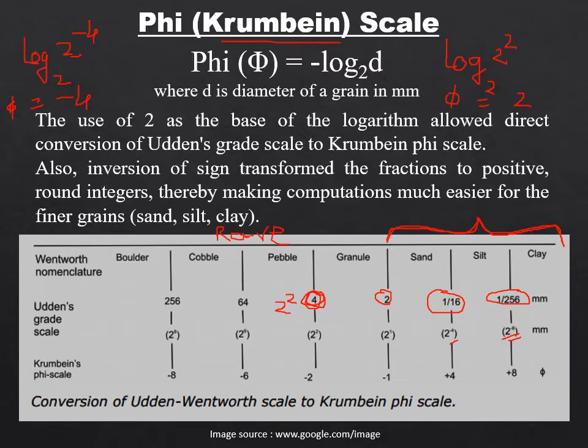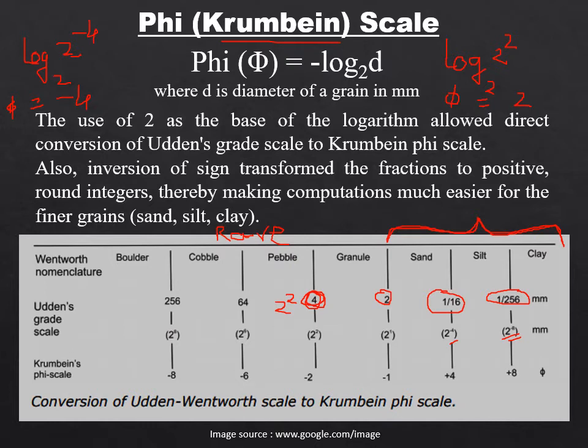So the fractional number can be transformed to a whole number, but a little problem still exists. The most frequently encountered size classes in nature are converted in the phi scale to whole numbers but with a negative sign. So 1 by 16 is now represented in the phi scale as minus 4.